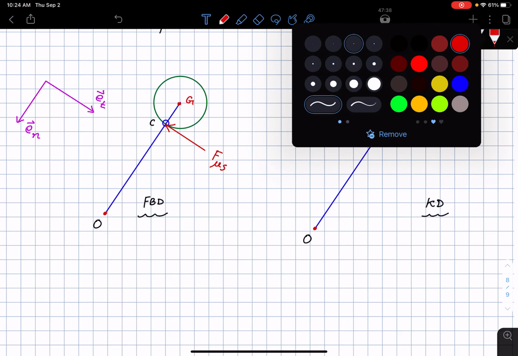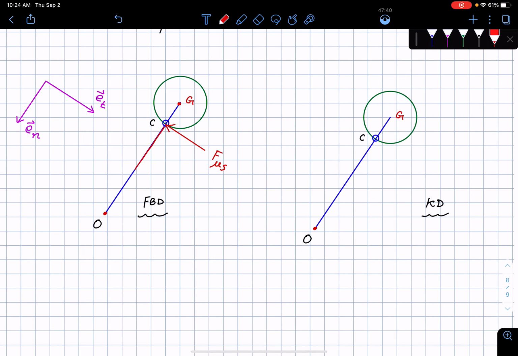Then I'm going to have a normal force between the track and the disk. So this is the normal force. Then I'm going to have the weight of the body, which is acting vertically down. This is going to be mg. I know that from here to there was the angle theta of t, which means that I can break the force mg into components parallel and perpendicular to the tangential direction.